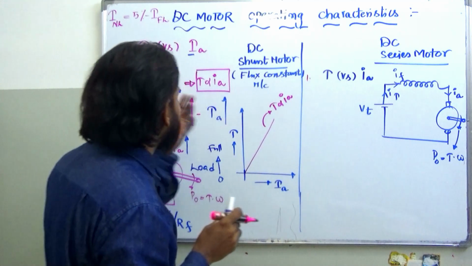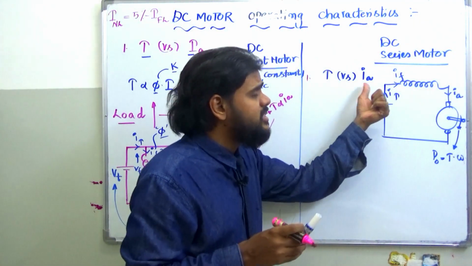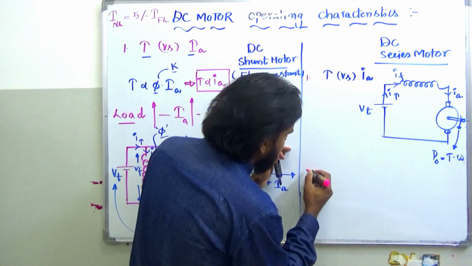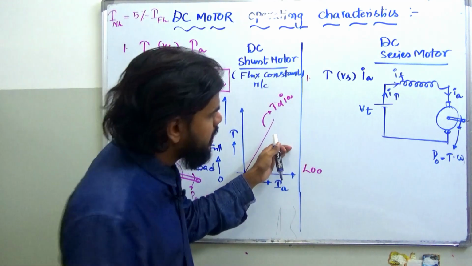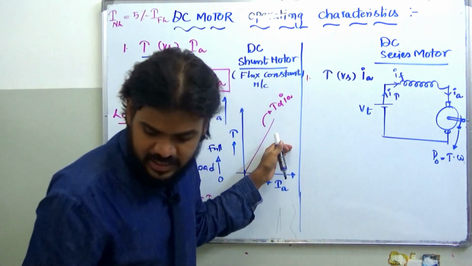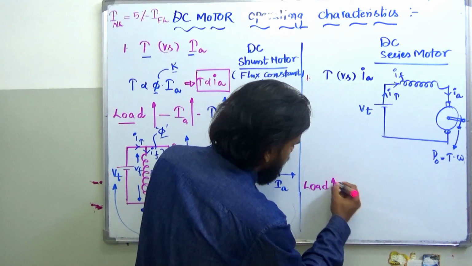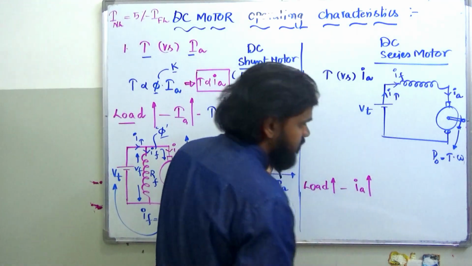As I already said, when you are dealing with this characteristic, you should deal with it with respect to the load. So as the load increases, we'll see what happens. The current drawn by the motor increases, right?